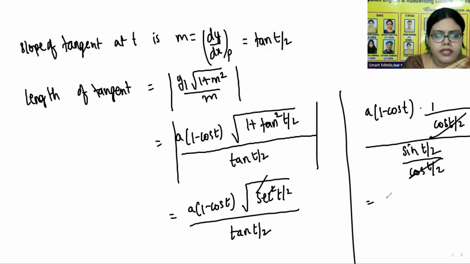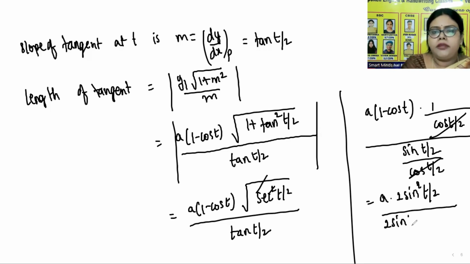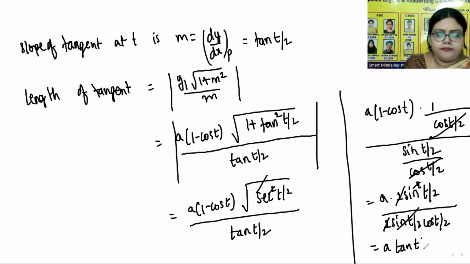That is a into 1 minus cos t is 2 sin square t by 2. And what is sin t by 2? 2 sin t by 2 cos t by 2. 2 to cancel, sin cancel. So that is a tan t by 2.